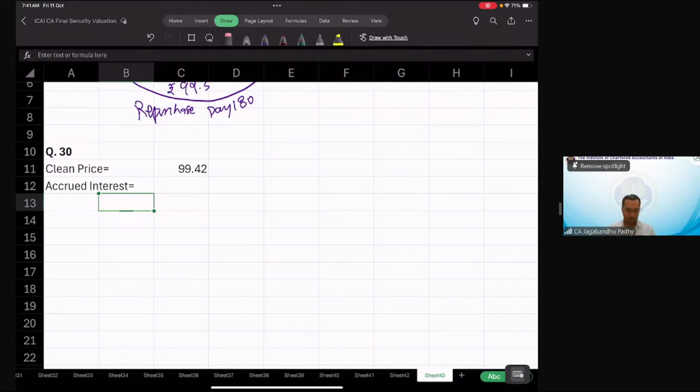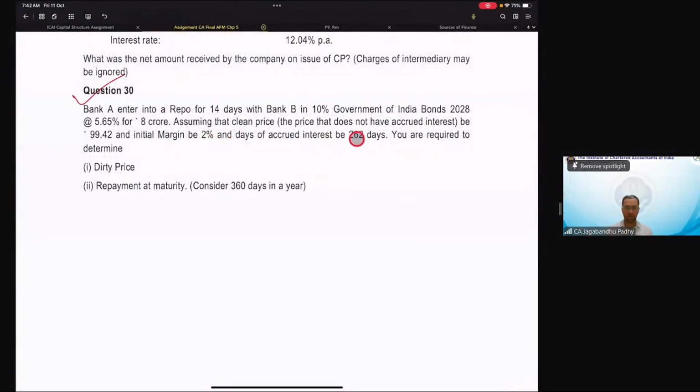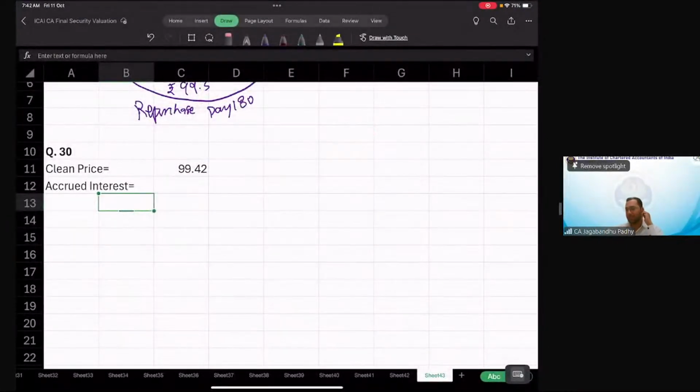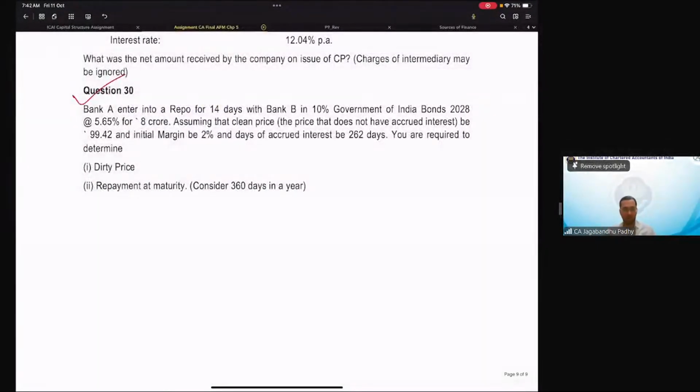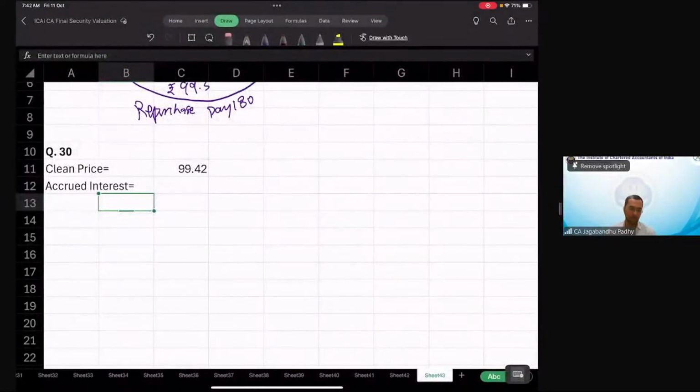The question says the accrued interest is for 262 days, guys. So this bond pays, let's say, coupon or interest once a year. Now it has been almost 260 days where the interest has not been paid. Of course, for this many days, interest will accrue, and the accrued interest is going to be paid by the seller to the buyer.